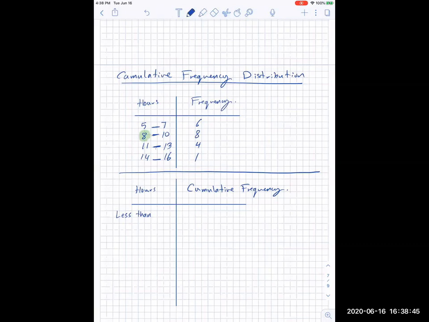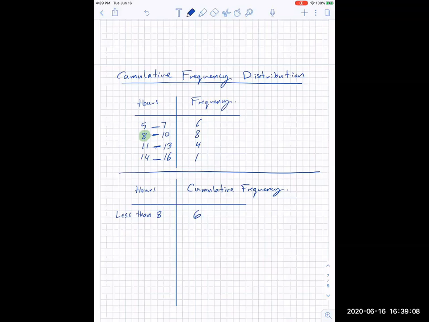We're going to say less than 8. So you always start, when you do a cumulative frequency table, with the lower limit of the second class. Less than 8. How many values do I have less than 8? I have 6, which is the frequency of the first class.